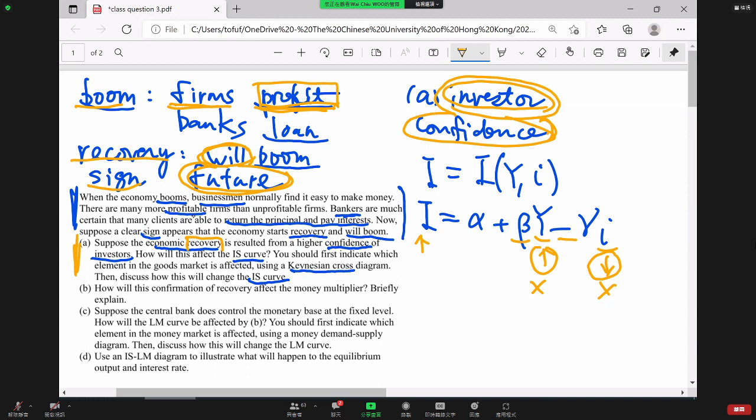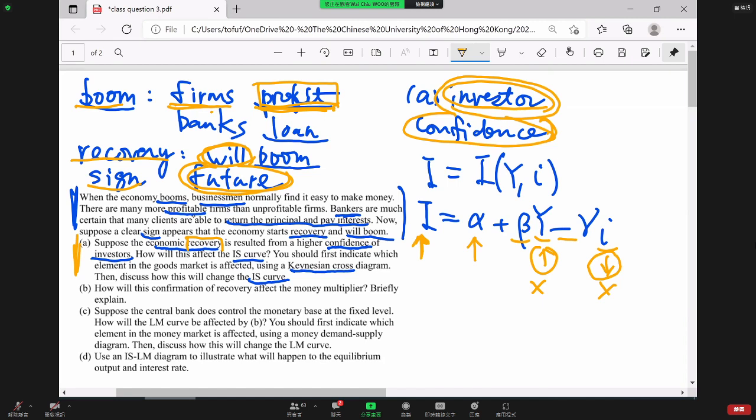So the confidence effect, if there is an effect due to people believing in the future, that there are more profits you can earn, so you would like to invest more, right? That must be due to something happening independent of the GDP and the interest rate level at the moment.